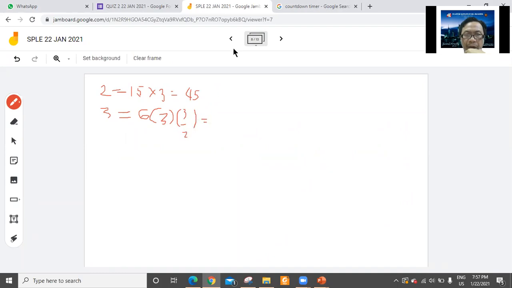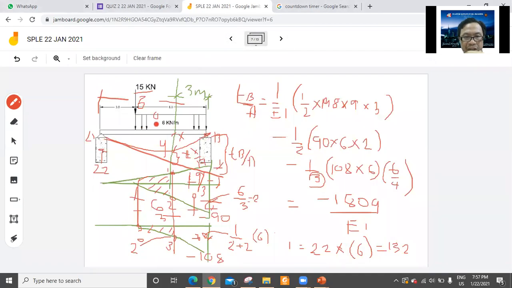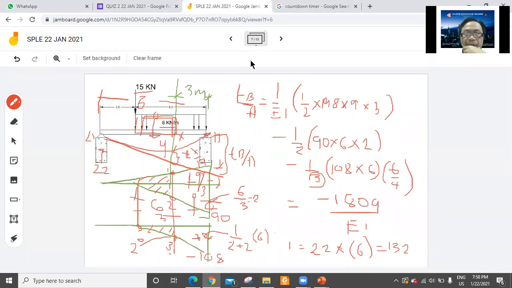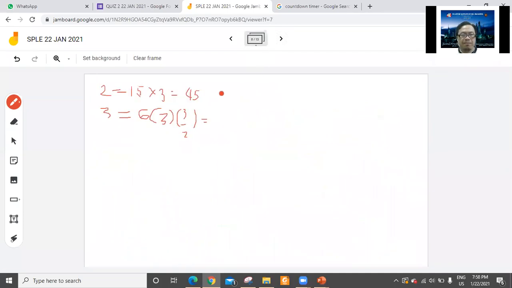How did it become 3 over 2? You have the load of 6, multiply by the distance 3, and its centroid is at the middle. We consider 1.5, or 3 over 2, to get this number 3. So what is that? 18 times 1.5 is 27.